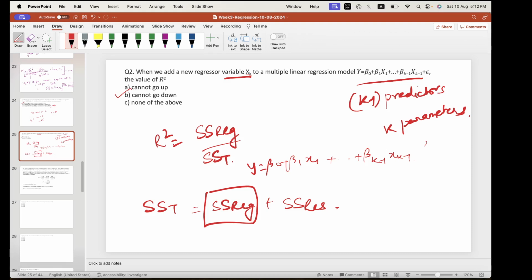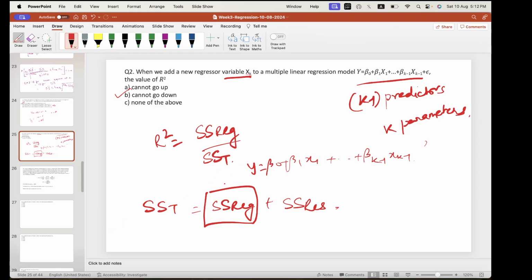Okay, that's why I was saying r square is not a good measure for detecting the number of parameters a model should have. Instead, we should use adjusted r square, because that takes care of the trade-off between the decrease in the errors, the residual sum of squares, and the cost of including another variable to the model.